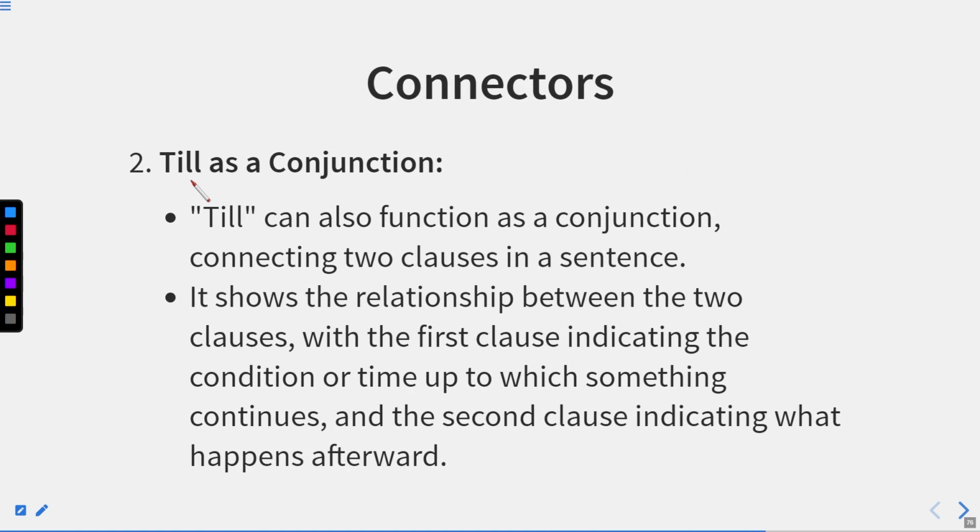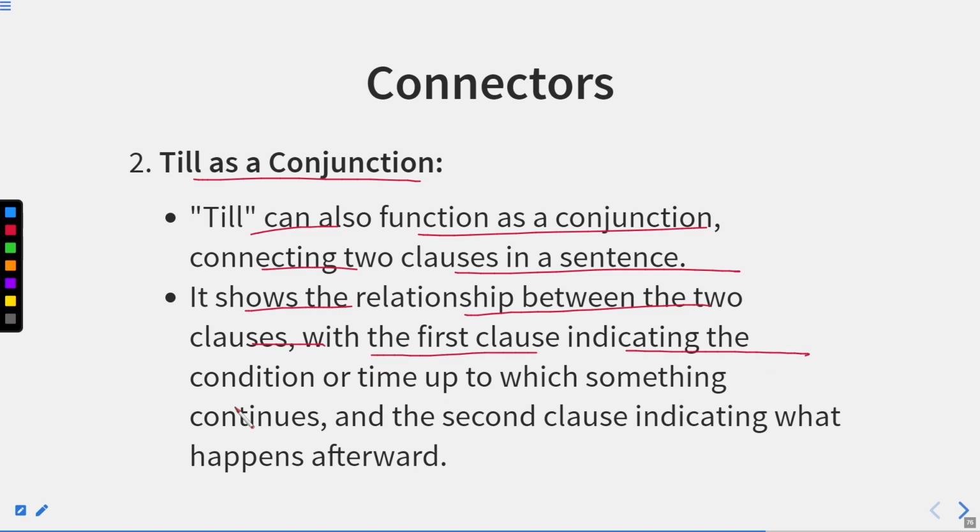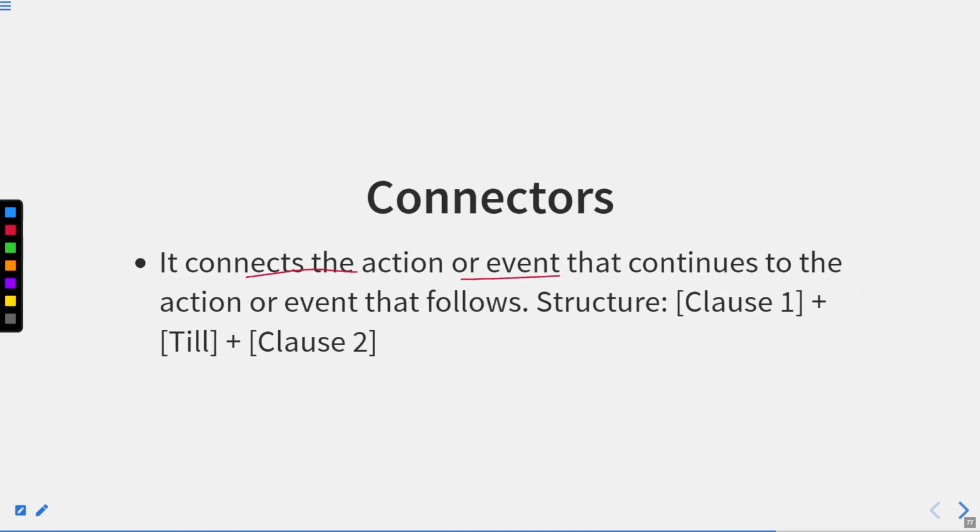Okay. Till as a conjunction. Till can also function as a conjunction connecting two clauses in a sentence. It shows the relationship between the two clauses, with the first clause indicating the condition or the time up to which something continues, and the second clause indicating what happens afterward. It connects the action or event that continues to the action or event that follows. The structure is clause 1, then till, then clause 2.